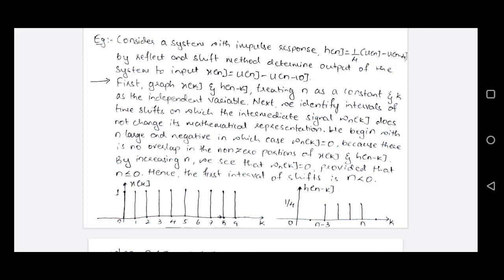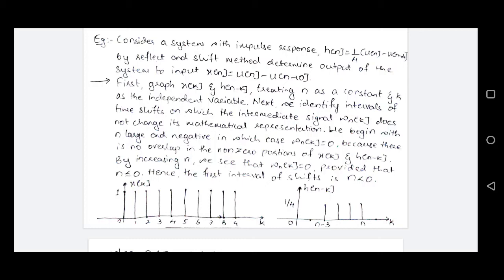Now according to the procedure's first step, we'll have to plot both these sequences, input as well as impulse response, with respect to k, not with respect to n. So with respect to k, x of k has been represented here, which is a rectangle present between 0 to 9. And also we have directly written h of n minus k.